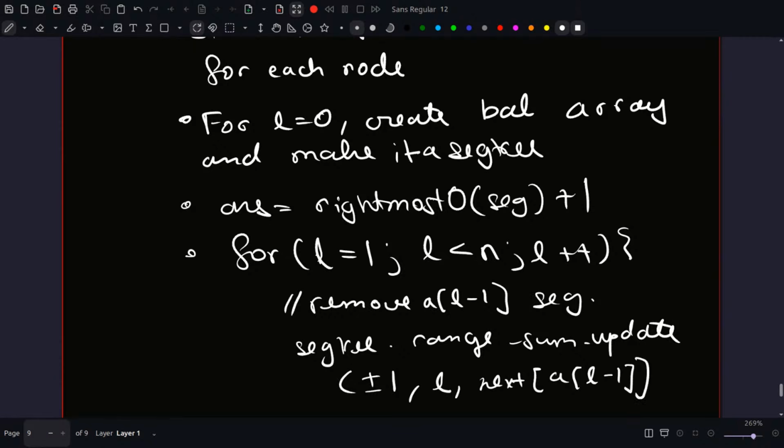Whenever this character appears the next time, we do a range sum of plus or minus 1 based on whether it's odd or even.